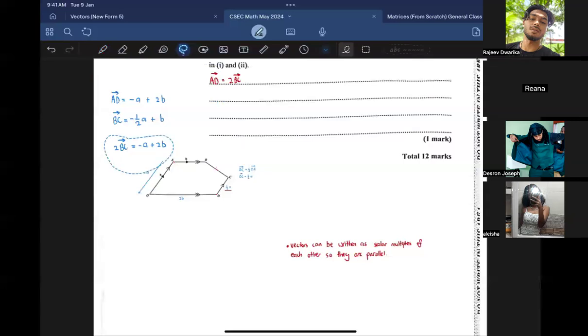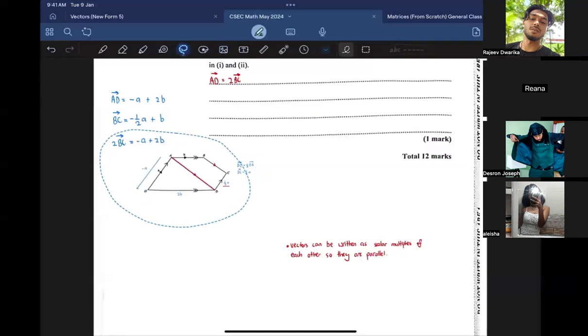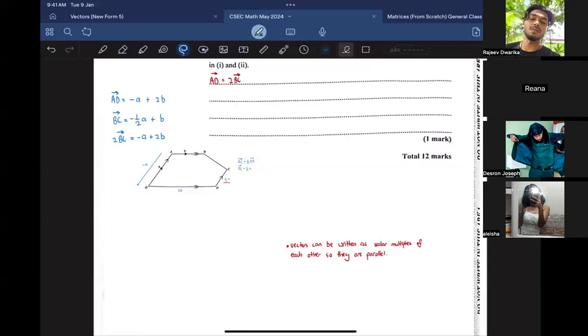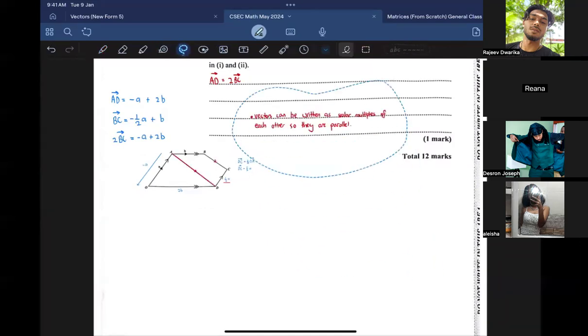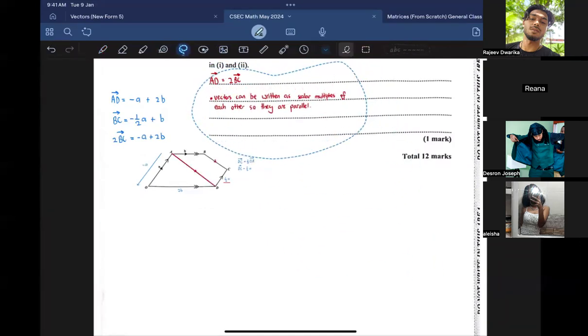So this is working over here. And because A to D and BC are scalar multiples of each other, they are parallel.